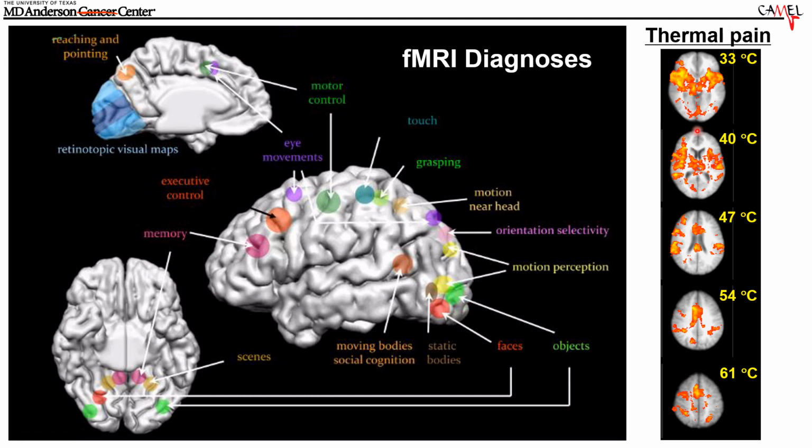And you can see there are different parts of the brain that actually do become active in different ways. In fact, there are fewer parts of the brain that are active at very high temperatures with more intense pain, but they are more acutely active than the more general activity in a larger area at 33 degrees.